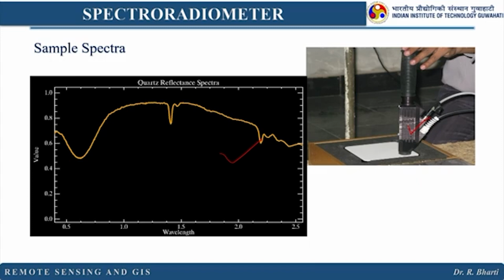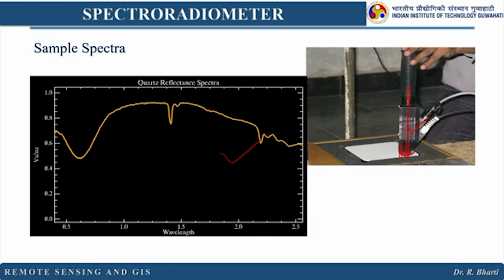This is a contact probe where the source is also inside, illuminating this particular surface, and here we keep this in close contact, and the amount of light which is reflected from this will tell you the amount of light incident on the target.